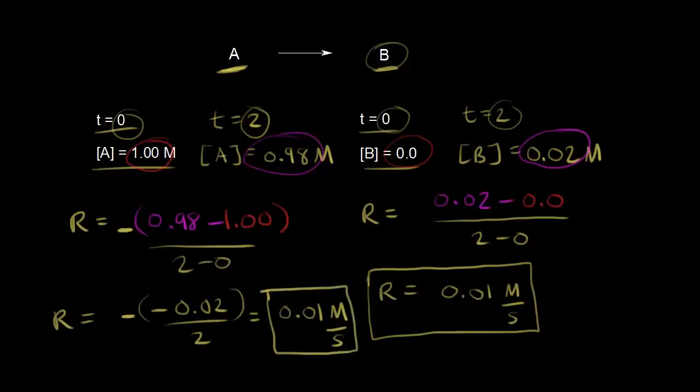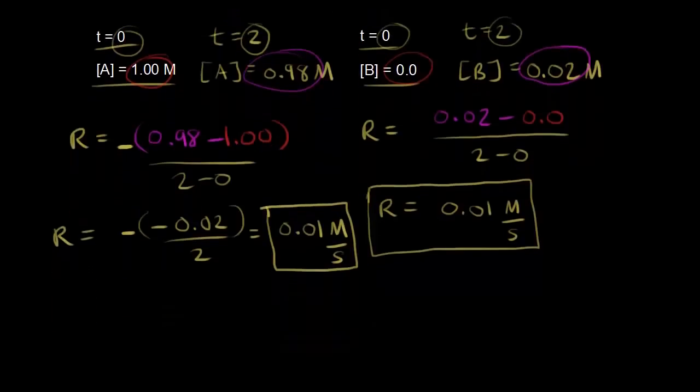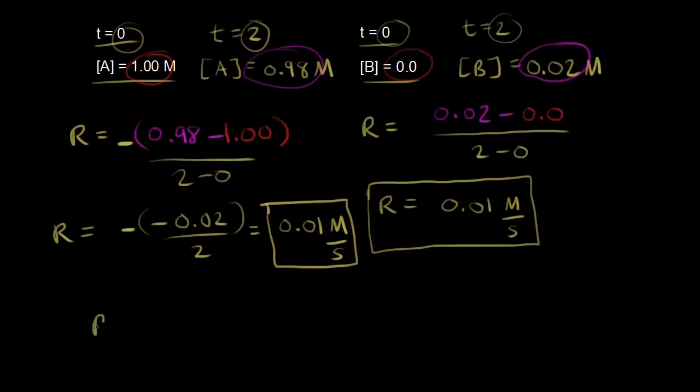All right, so we calculated the average rate of reaction using the disappearance of A and the formation of B, and we could make this a little bit more general. We could say that our rate is equal to the change in the concentration of A over the change in time, but we need to make sure to put in our negative sign, right? We put in our negative sign to give us a positive value for the rate.